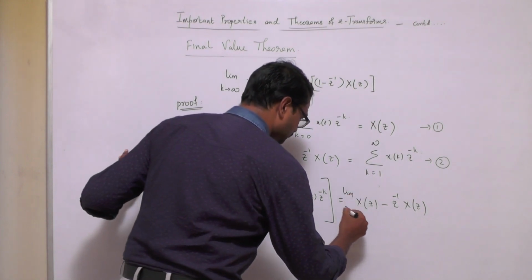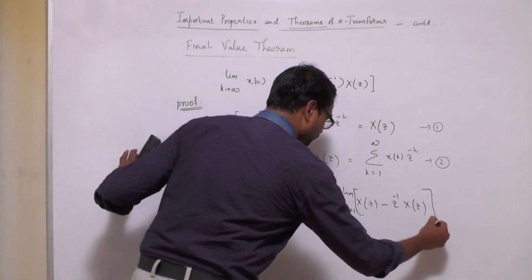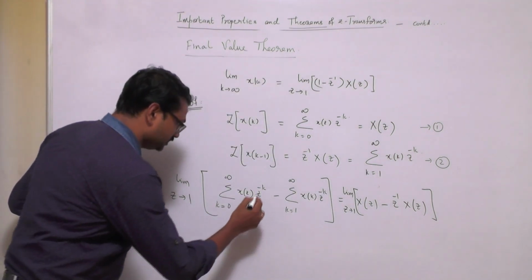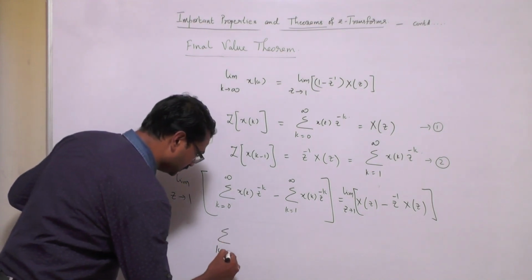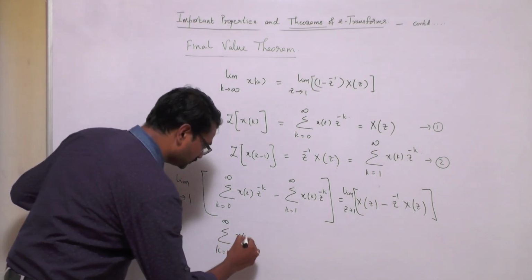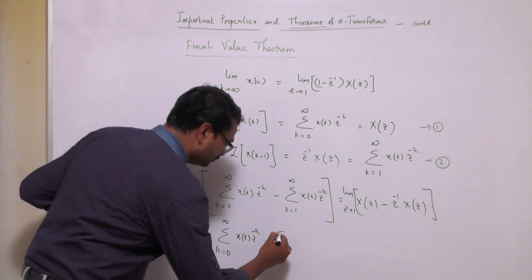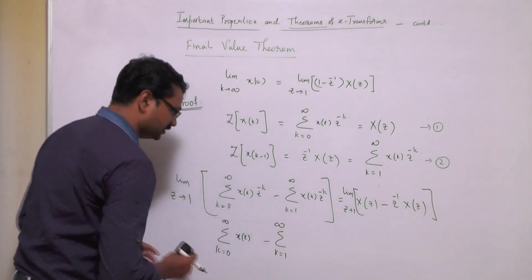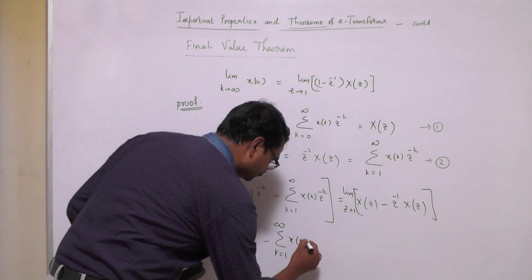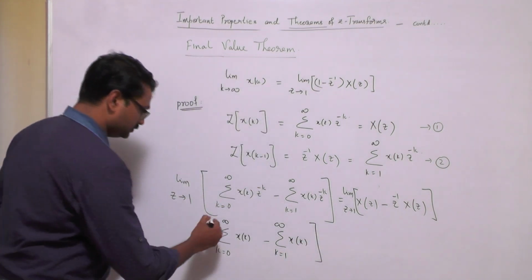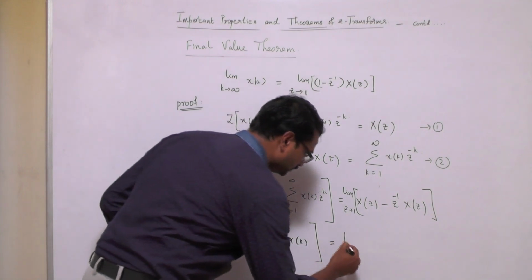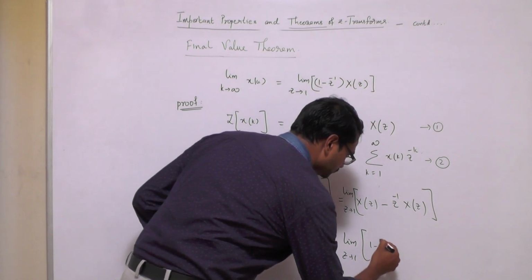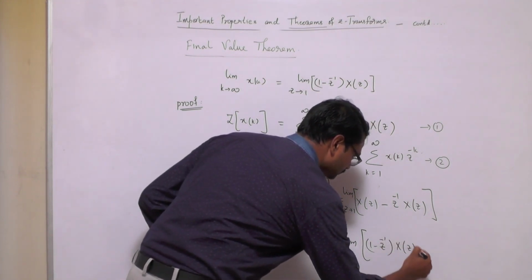When z tends to 1, the left side is sigma k from 0 to infinity x of k z power minus k minus sigma k from 1 to infinity x of k z power minus k, which gives x of k, which is nothing but the limit as z tends to 1 of 1 minus z inverse x of z.